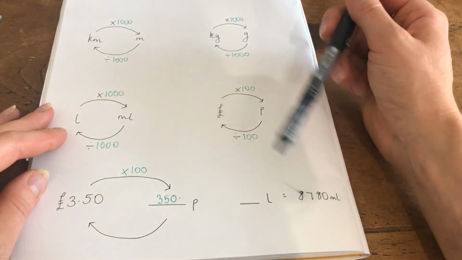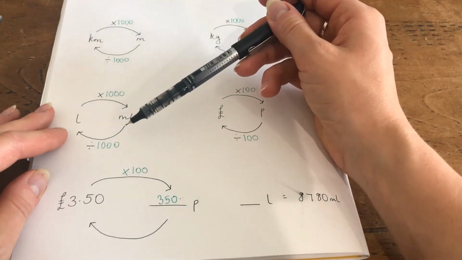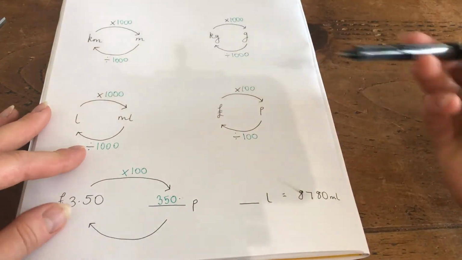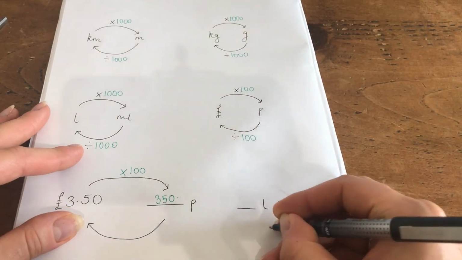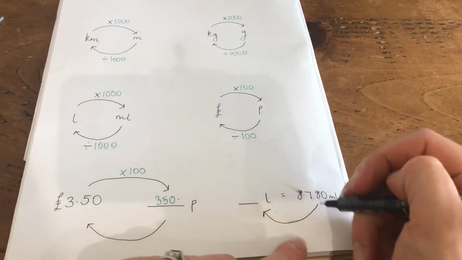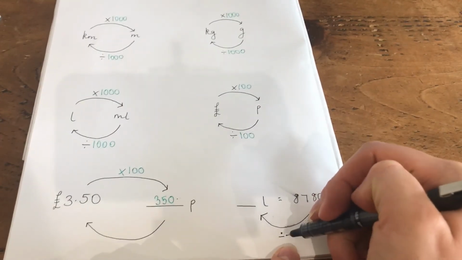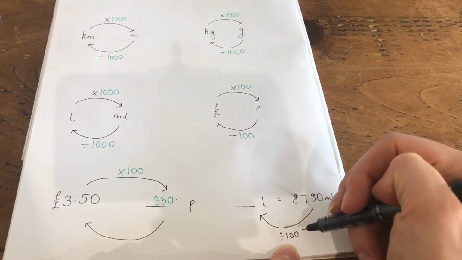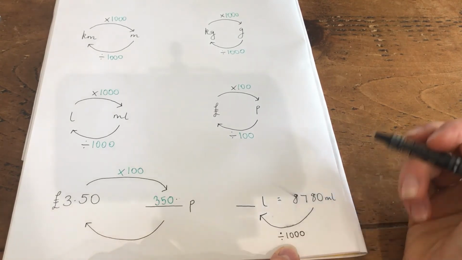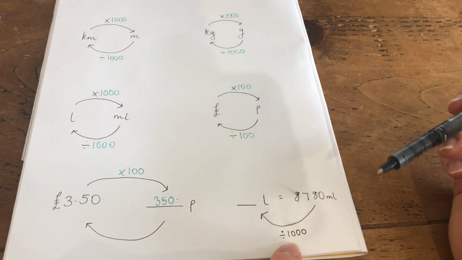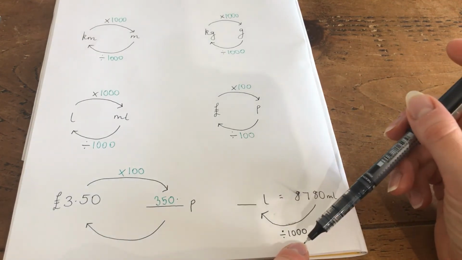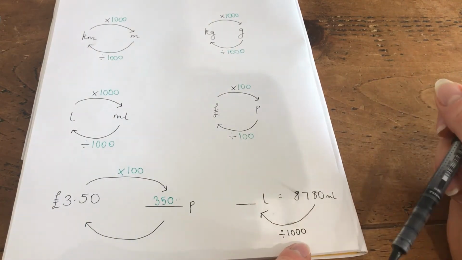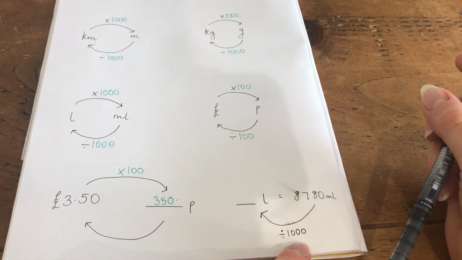We know the millilitres, so we're going to start here and follow the arrow to go back. So we're going to be dividing by 1,000. The reason we're dividing is because we're trying to work out how many thousands fit into 8,780, because for every 1,000, that is a litre.